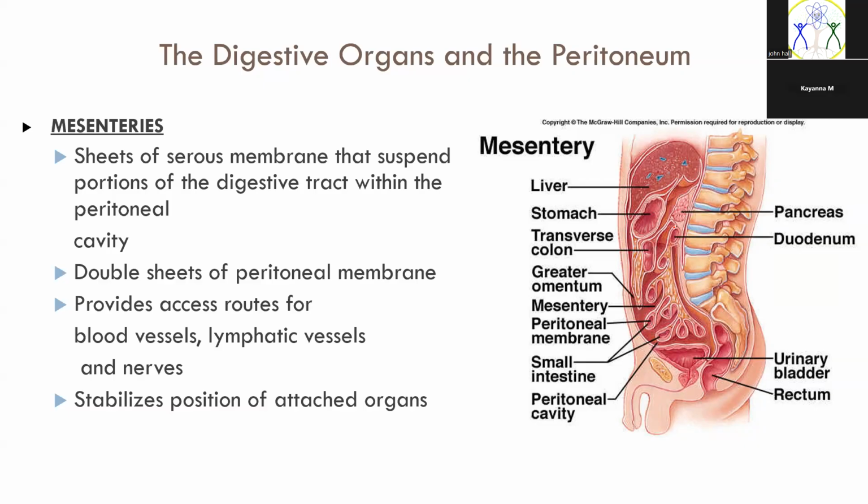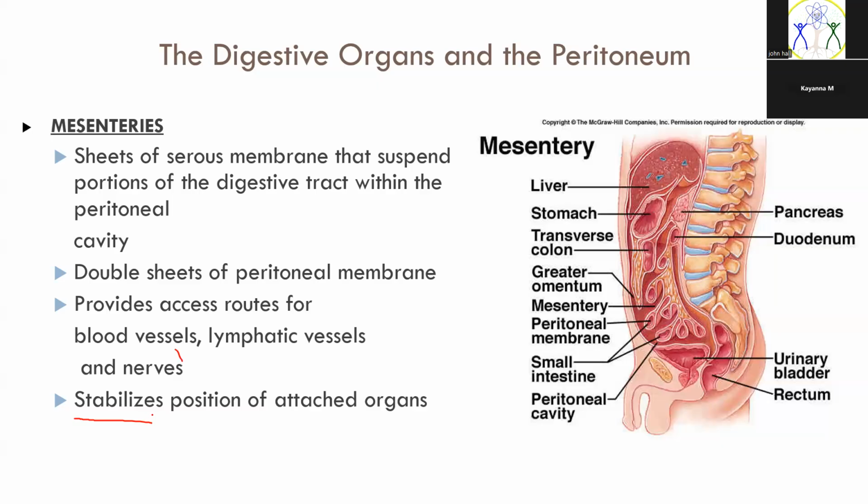Now, it also stabilizes the attachment points to organs. So, for example, your pancreas is attached to your small intestine, right? You're going to find the pancreatic, well, the ampulla is what it is called, which is a tube that runs to your small intestine, okay?